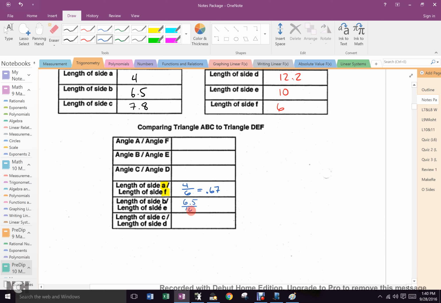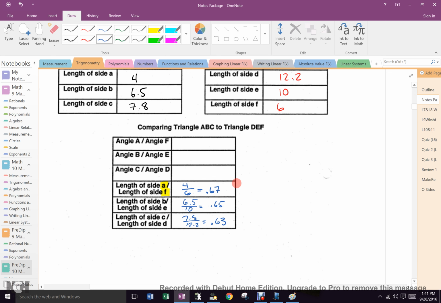Now, B and E. 6.5 over 10. What decimal do you get there? 0.65. Right? And C over D, 7.8 over 12.2. To get what decimal? 0.63.